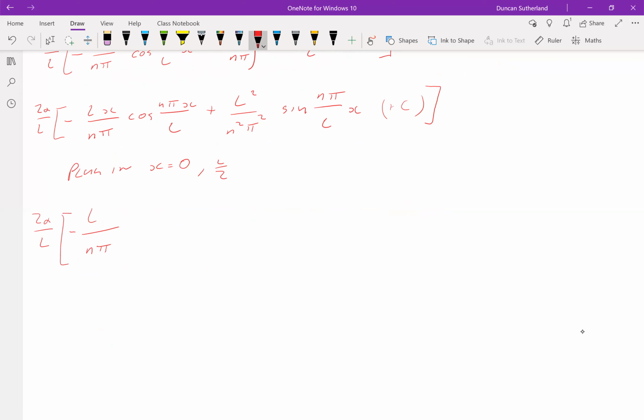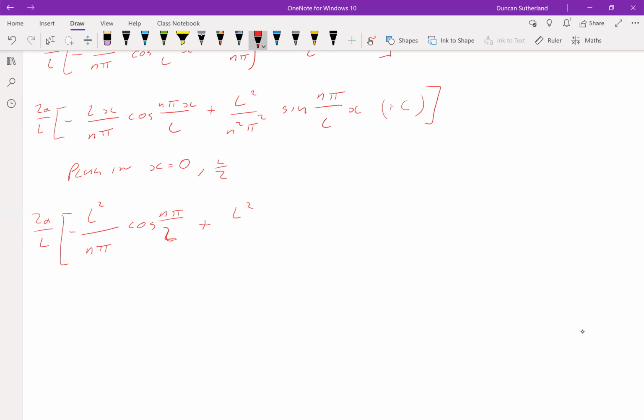Okay, so plug in L on 2, I'm going to get an L squared there. When I plug in cosine, I'm going to get n pi on 2, so that's always going to be 0 no matter what.